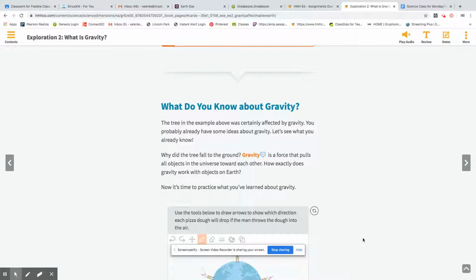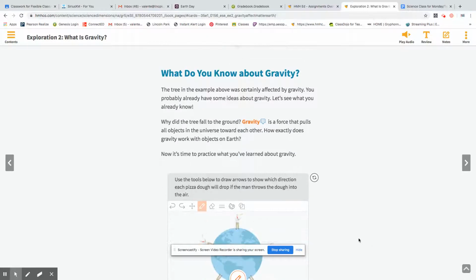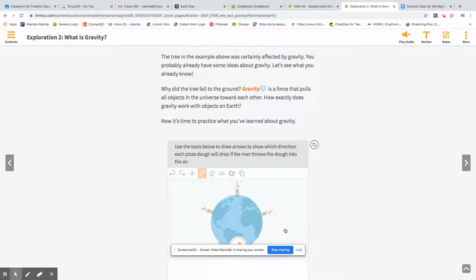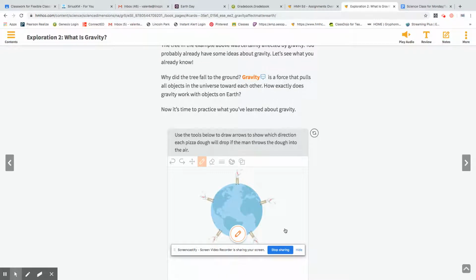How exactly does gravity work with objects on Earth? Now it's time to practice what we've learned about gravity. So from last week's lesson, this should have been explained in the hands-on activity, if you're here in our Earth or over here, you're not upside down because of gravity.